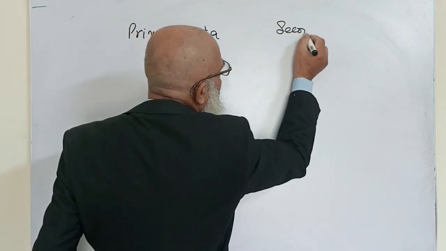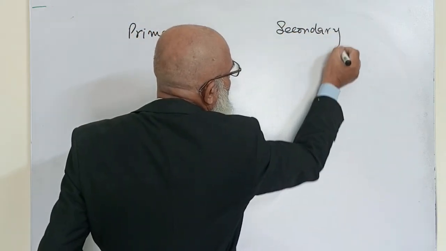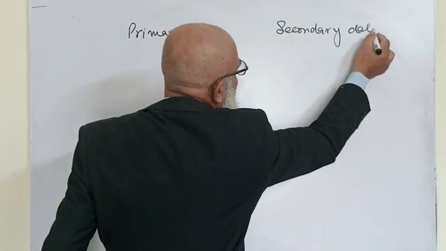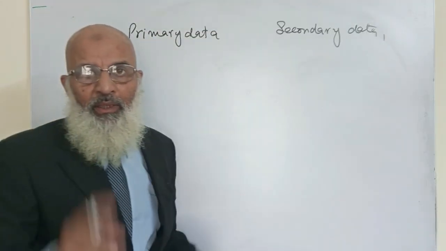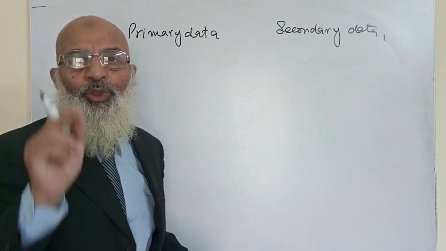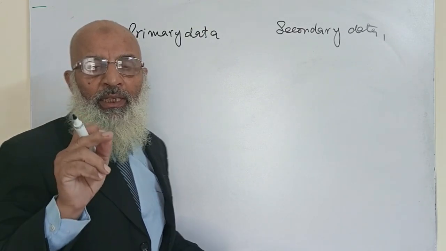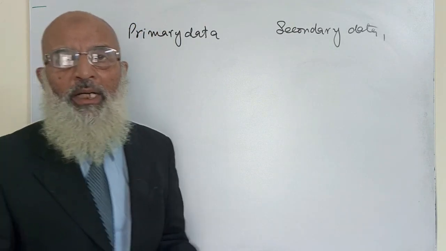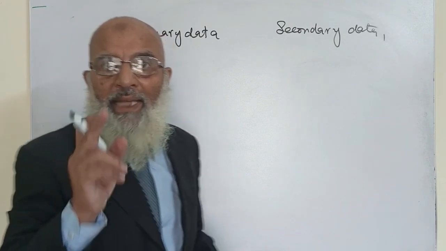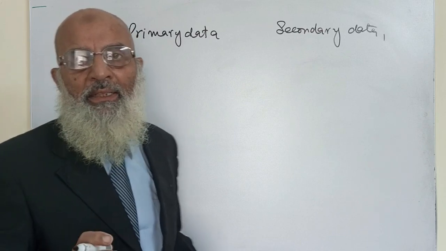Primary data is the data which is collected by the investigator, the team which comes to your house, and he asks you or he gives you a proforma to fill. That is the primary data.